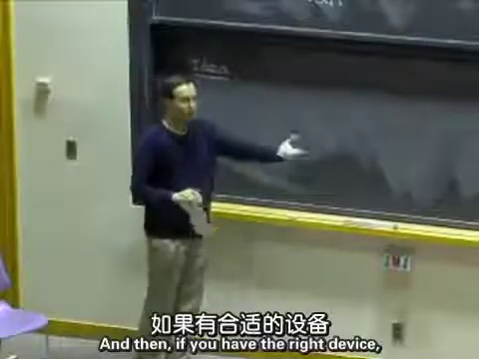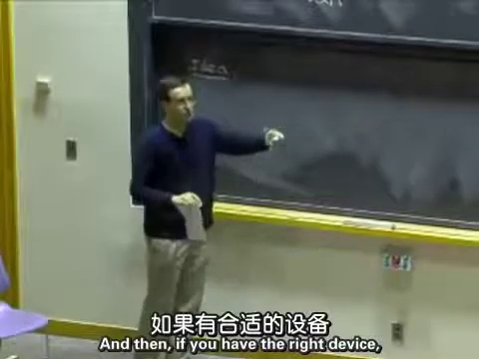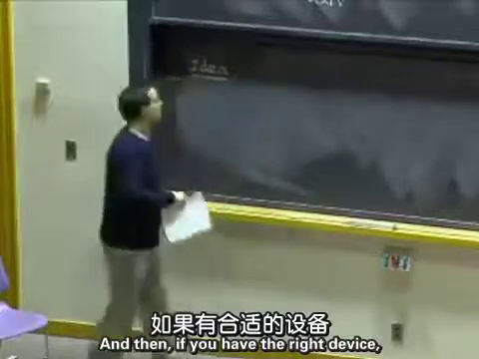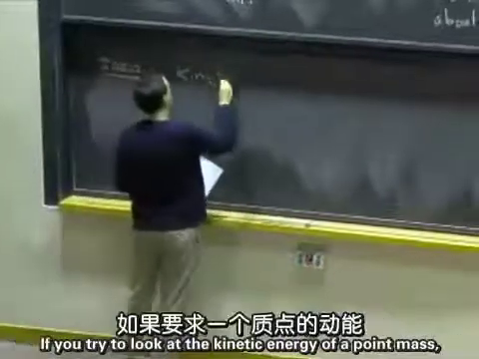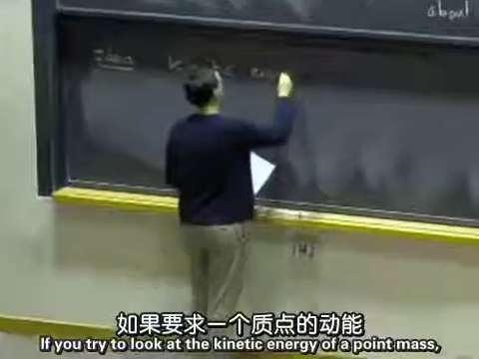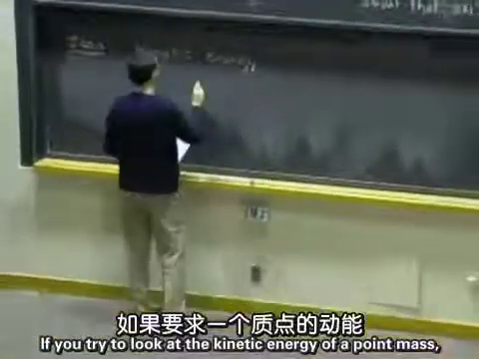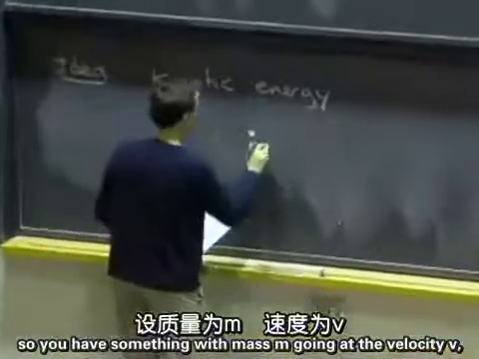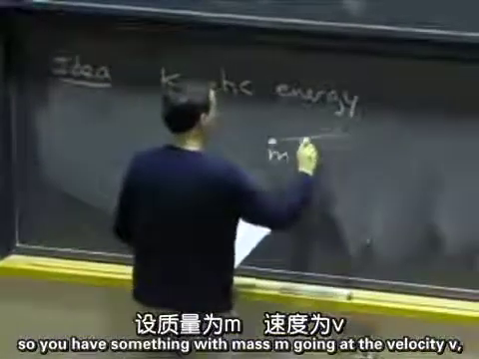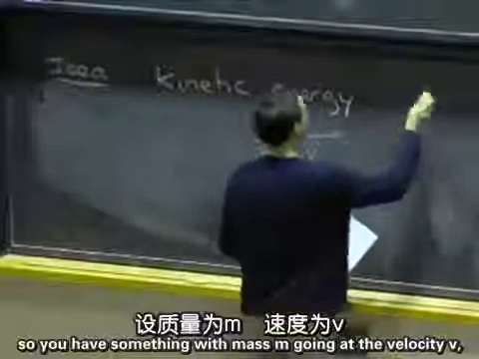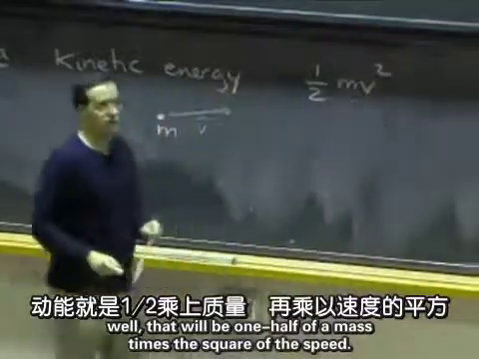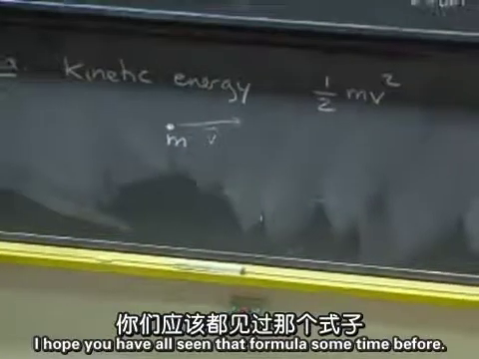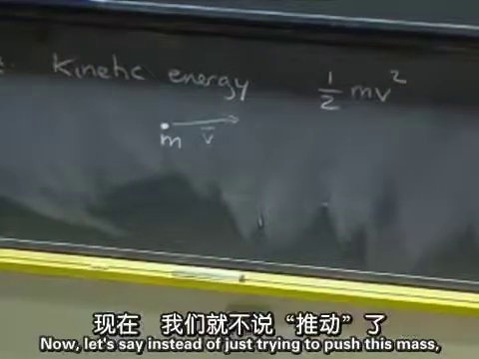And if you have the right device, you can convert that kinetic energy back into something else. If you look at the kinetic energy of a point mass, something with mass m going at velocity v, that will be 1/2 of the mass times the square of the speed. Hopefully you've all seen that formula before.